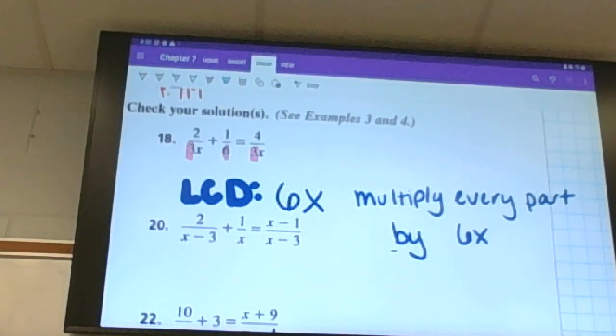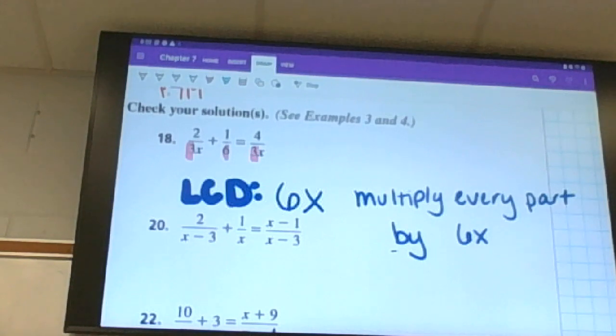Again, we're going to reduce diagonally. This is really over 1. So what can I reduce this time? I can reduce the 6's. The 6's cross out, and all that's left is x times 1, or 1x, or just x. Everybody okay with that one?